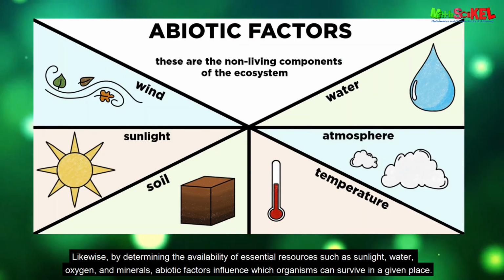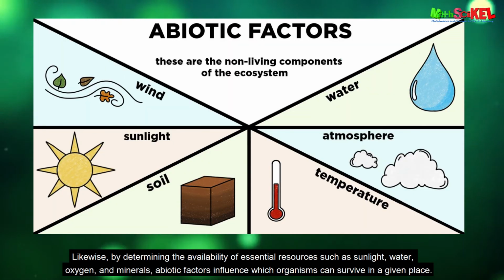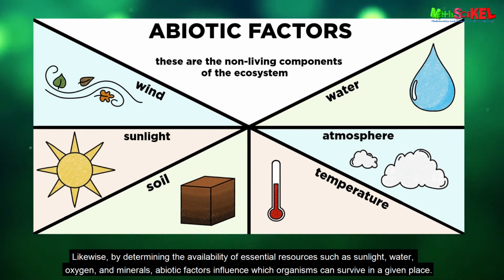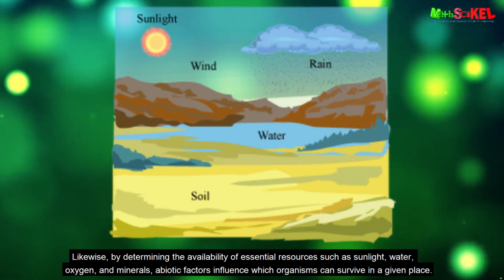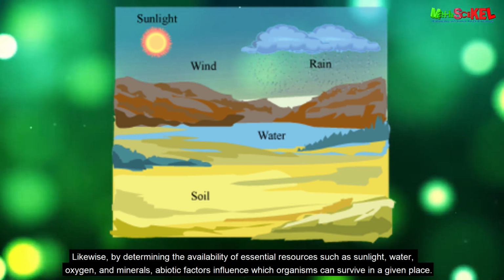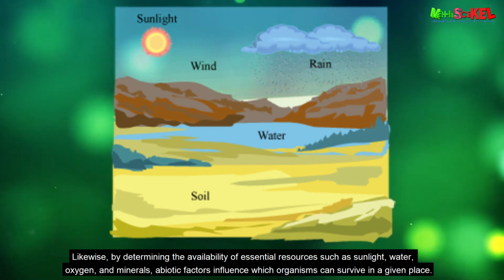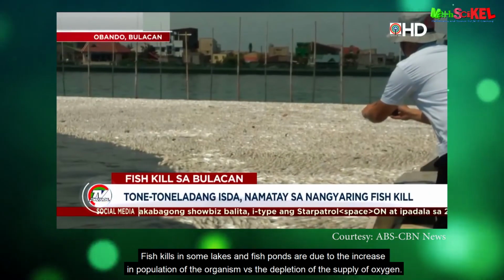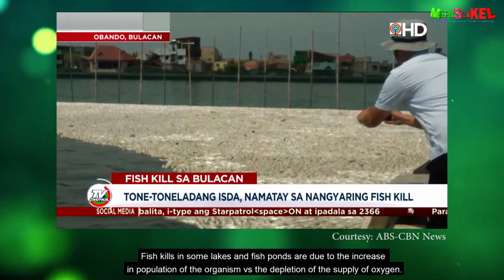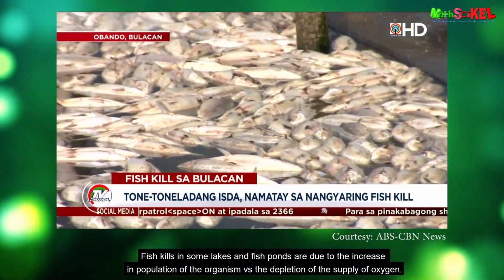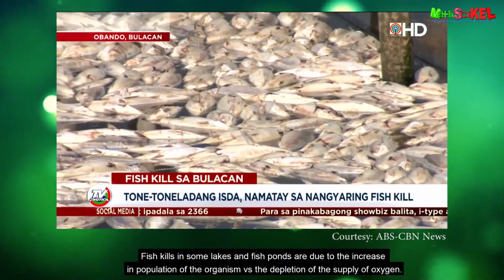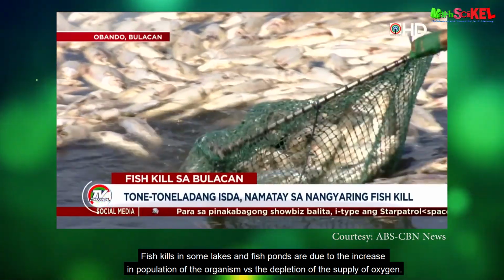Likewise, by determining the availability of essential resources such as sunlight, water, oxygen, and minerals, abiotic factors influence which organisms can survive in a given place. Fish kills in some lakes and fish ponds are due to the increasing population of the organisms versus the depletion of the supply of oxygen.